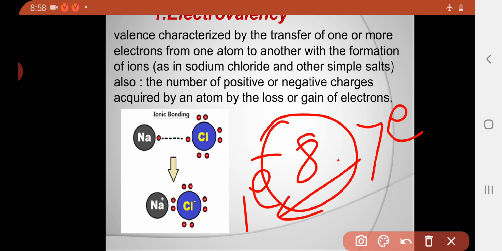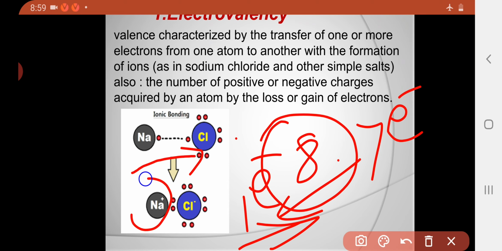Now tell me, is it easier to gain 7 electrons or to lose one electron? No doubt, to lose one electron is very easy, right? So sodium will give its one electron to chlorine, and it will get a positive charge because it loses an electron.